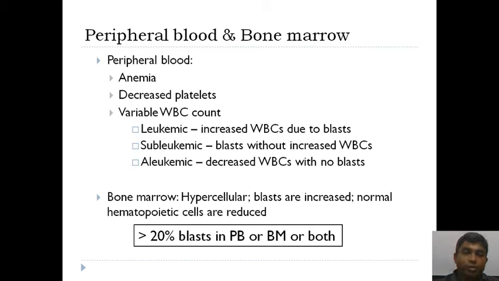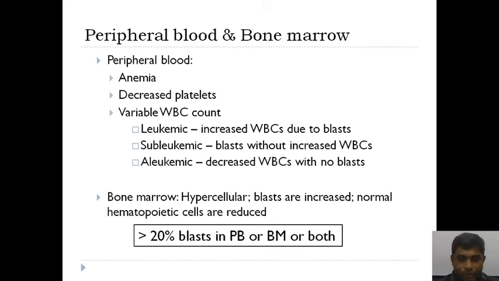The WBC count can be variable. Many times the WBC count is high, what we call a leukemic presentation, because of increased proliferation of blasts in the bone marrow. Many of the blasts are thrown out or sent out into the peripheral blood, leading on to increased WBC. This can be anywhere from thousands to occasionally lakhs.